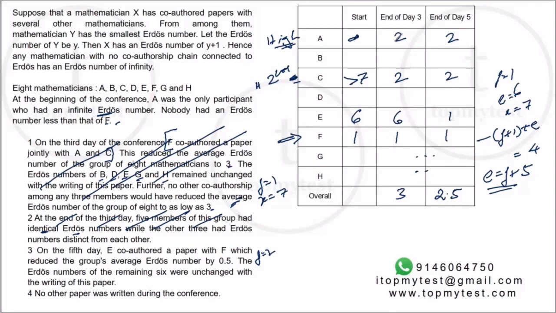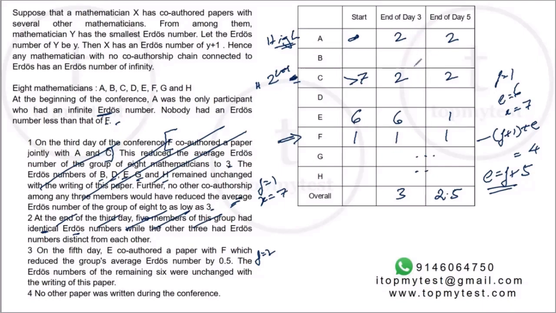Now, before I actually go to the problems, let's also figure out what numbers we have. We already know A's numbers, we know C's number partially, we know E's numbers on all days, F's number on all days, right? But what else do we have? We knew that at the end of day 3, there are 5 people whose numbers were identical, and all those numbers were 2.